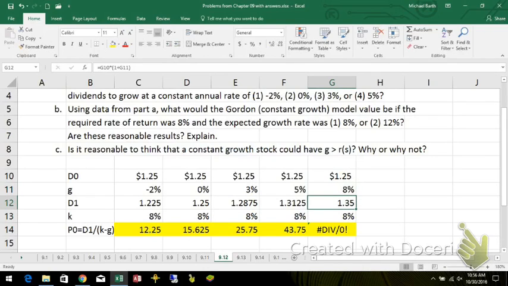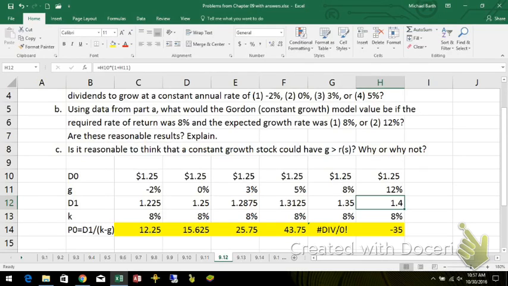You're taking the price at time 0 equal to the dividend a year from now, $1.35, divided by 0. There's no such thing as division by 0. It's undefined. If you have a growth rate greater than the rate of return, that would imply that the stock has a negative value. You wouldn't be willing to pay anything for it.